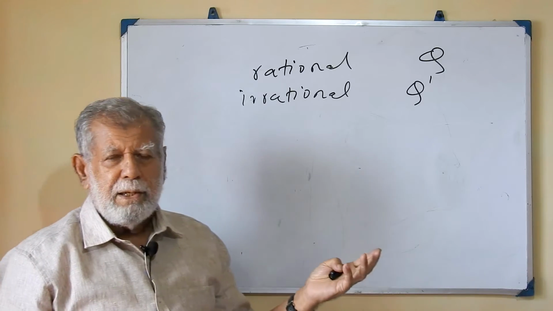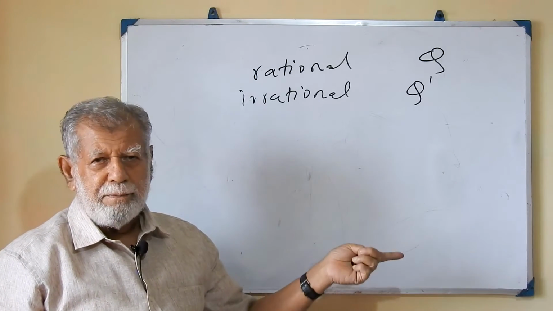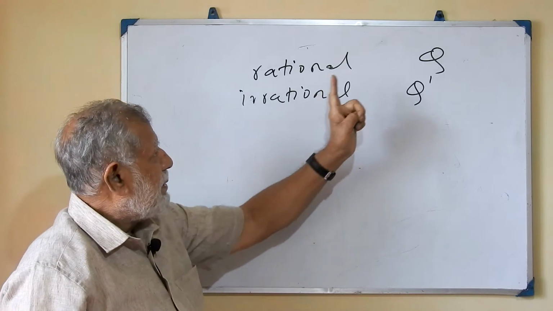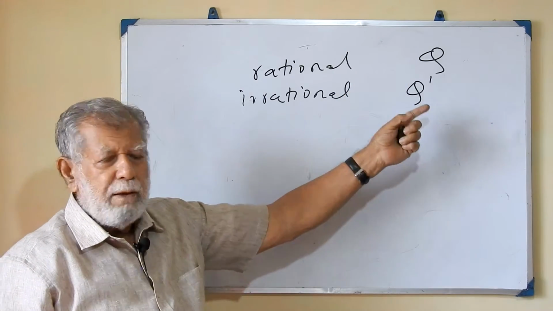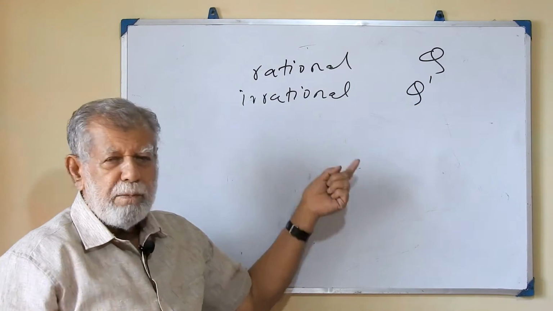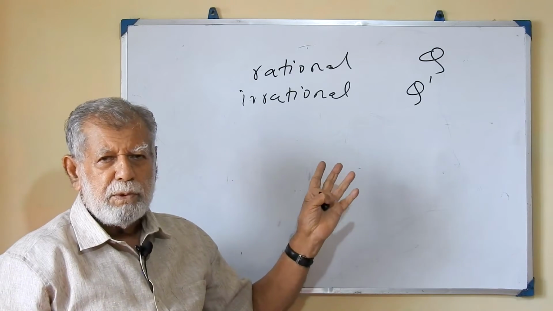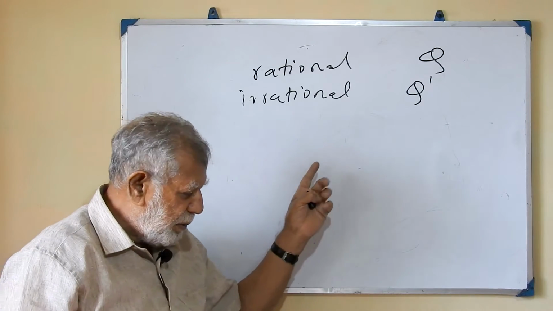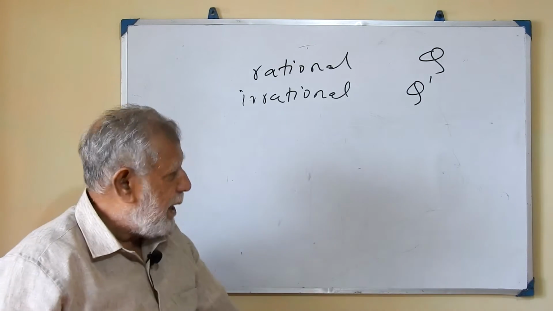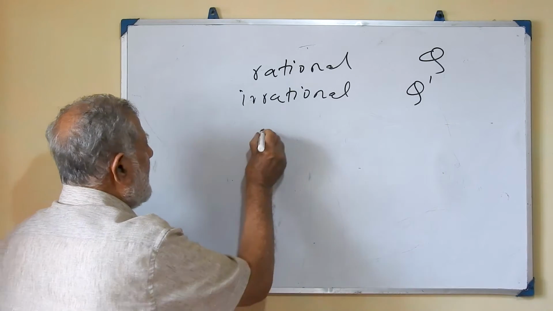Up to now we have studied real numbers. The symbol is R. The rational numbers which can be expressed as a fraction, we say Q. And irrational numbers, where you can't express them, you can't find the value of those numbers, are called Q dash.